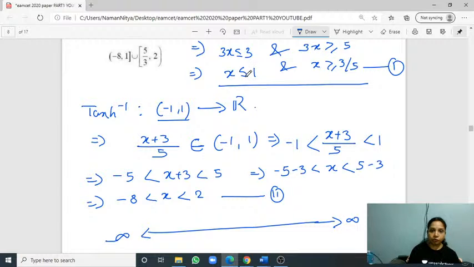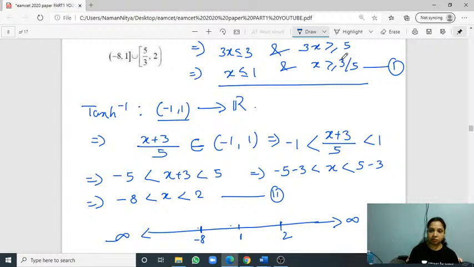Okay, so how to plot less than or equal to 1? Obviously minus 8 is also there. So let me plot first here minus 8. We have 1 also. We have 2 also. And greater than or equal to 5 by 3.